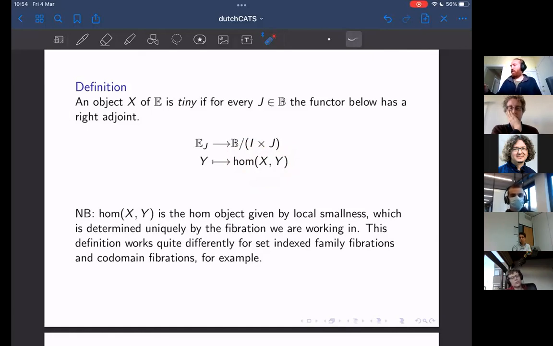This definition makes sense in the full generality of locally small fibrations. It just says that for every j, this functor from the fiber category E_j to the size category in B has a right adjoint. Okay, so this is what it means for a family of objects to be tiny.